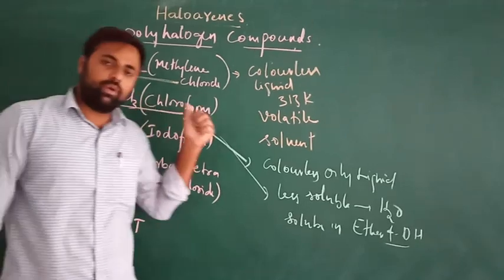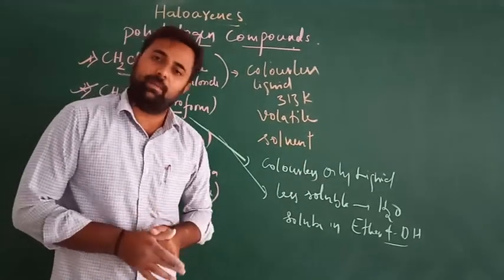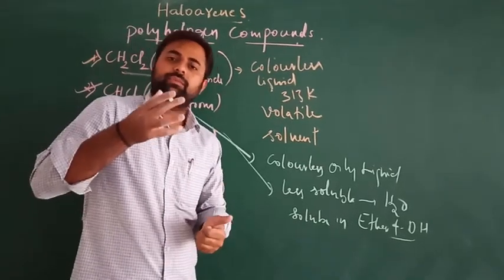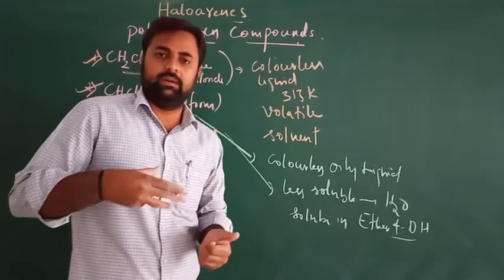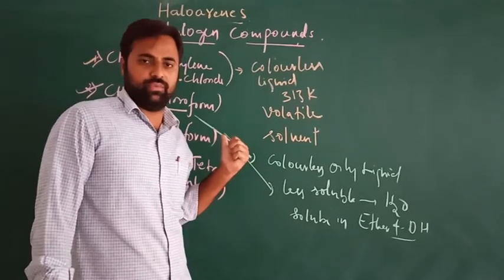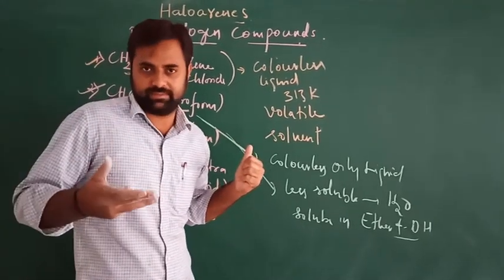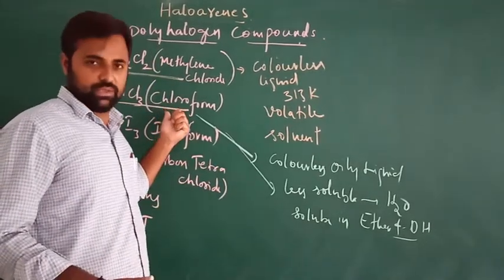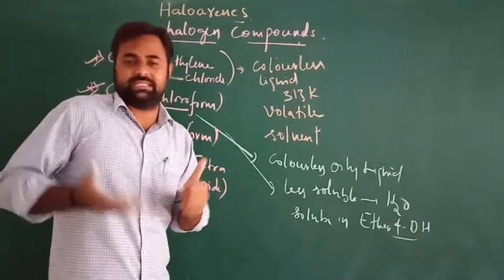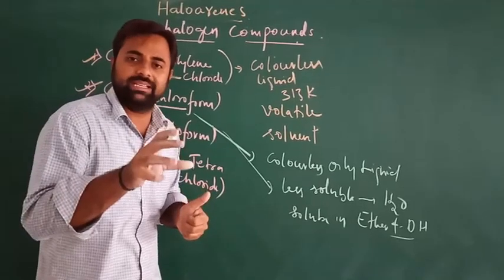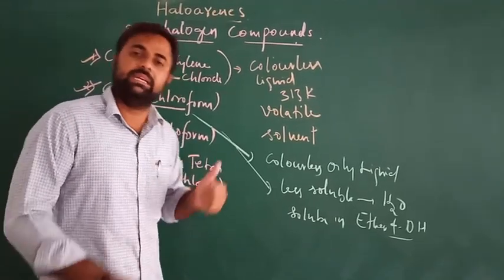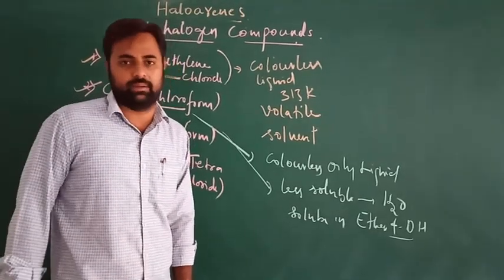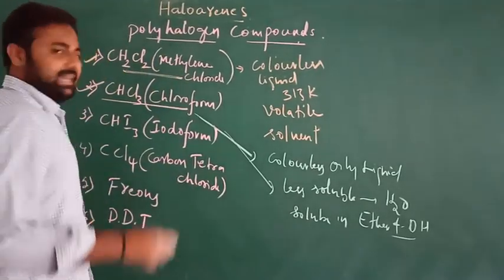And this chloroform is a poisonous compound. Why is it poisonous? Because if you inhale the vapors of chloroform, it causes unconsciousness, right? I repeat once again, when you inhale the vapors of chloroform, that causes unconsciousness. Due to that reason, chloroform is used as an anesthetic component, right? And that is the use.